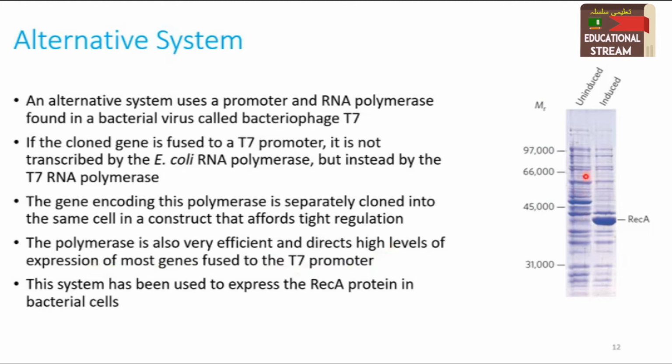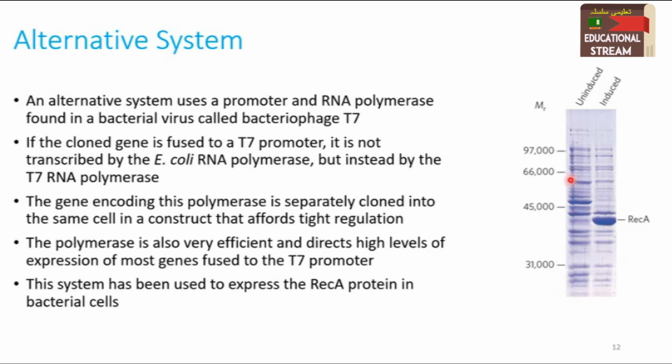In this diagram, the regulated expression of RecA protein in the bacterial cell is shown. The gene encoding the RecA protein is fused to the bacteriophage T7 promoter, and then it is cloned into the expression vector.